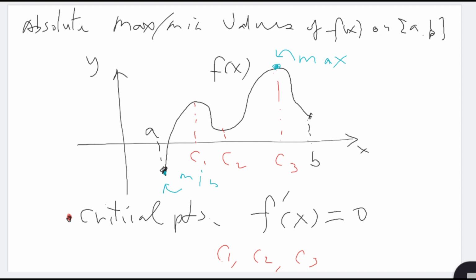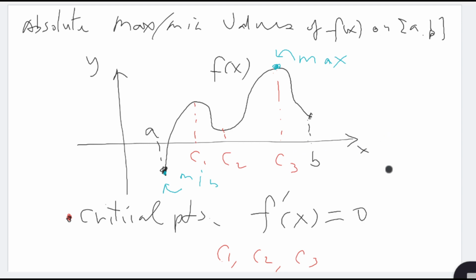Okay, so to summarize the strategy to find the maximum and minimum value of a function over a given interval. We first need to find the critical points C1, C2, C3 between the interval. When you solve this equation, you may find critical values that are outside the interval, maybe less than a or more than b, and those are not needed.